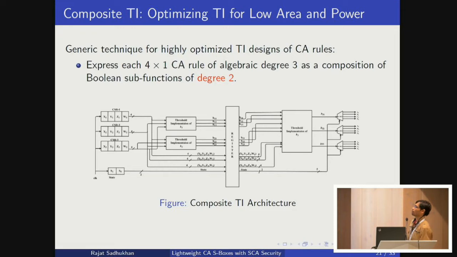So then we went further and we optimized the function, that local rule having algebraic degree 3. We decomposed that function into two functions with algebraic degree 2, and we obtained a more optimized, area efficient TI, which we call a composite TI, where in the first clock cycle we obtain the intermediate values, and in the next clock cycle we obtain the final values for the S boxes.